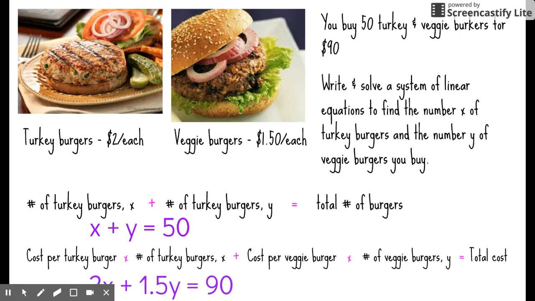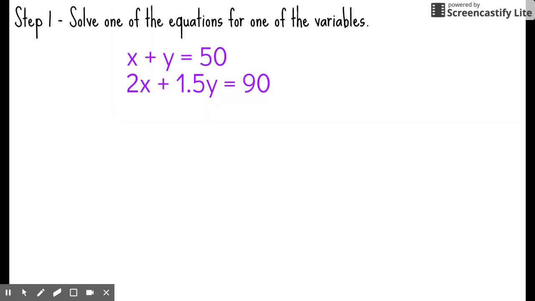Our second equation is going to be 2x, because turkey burgers are $2, plus 1.5y, which is the cost of the veggie burgers, equals 90, which is how much we spent in all. So you can see that the first equation is the number of burgers and the second equation is the cost of the burgers. And we're going to go through all of the steps again.